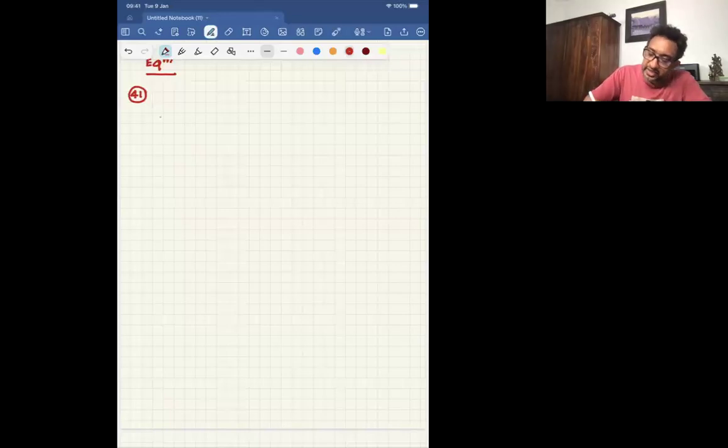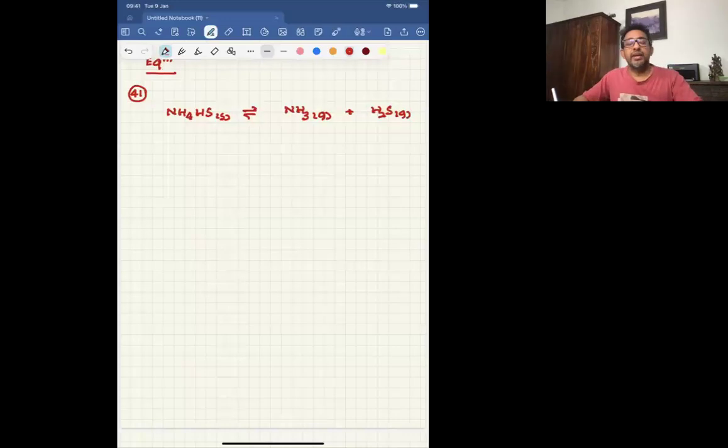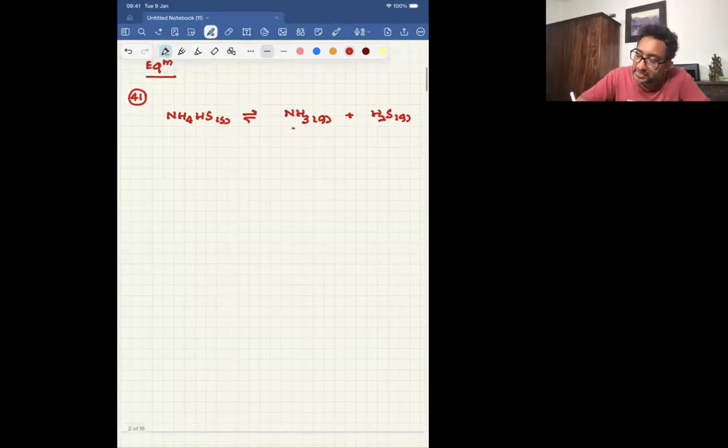Right. So let us say ammonium bisulfide, NH4HS, solid. It reaches equilibrium to give you ammonia, NH3 gas, and hydrogen sulfide gas. The number of moles of ammonia and hydrogen sulfide are the same. So if this is x moles, this is also x moles.